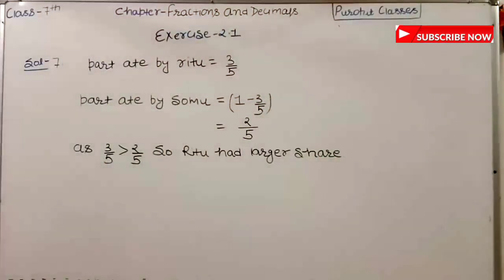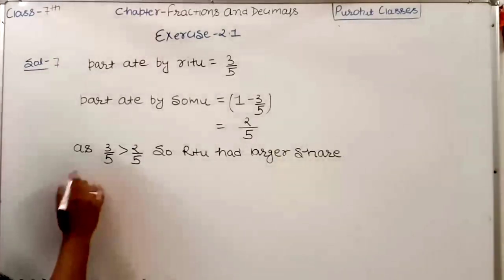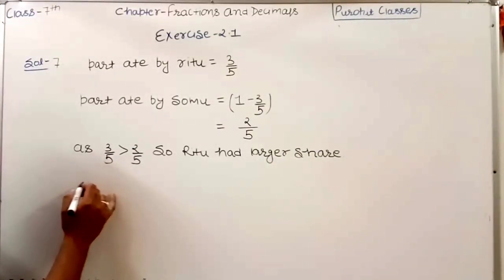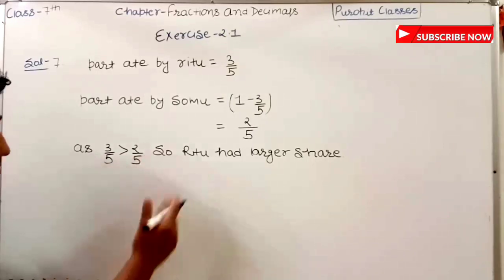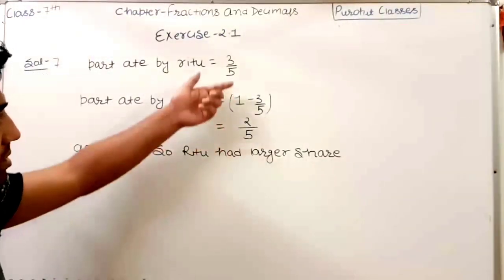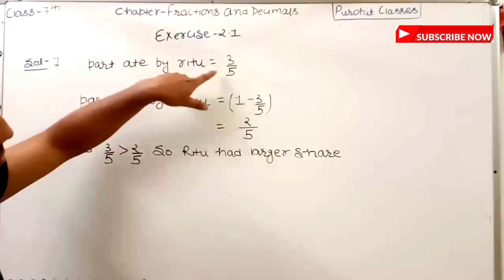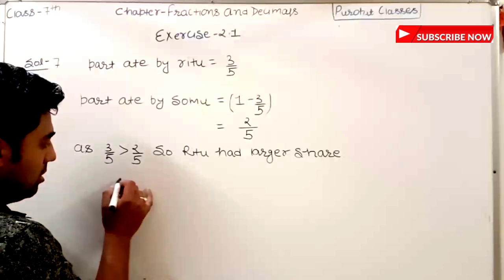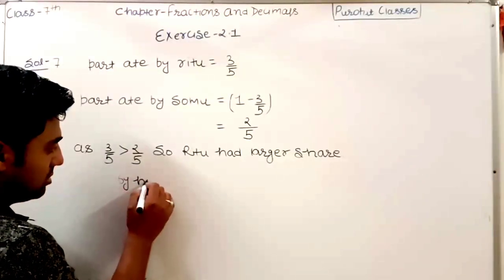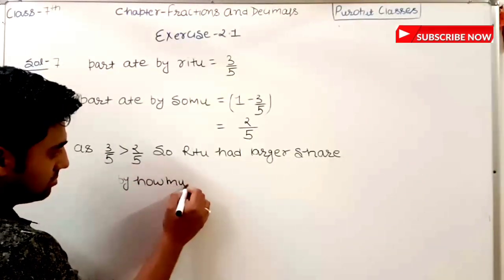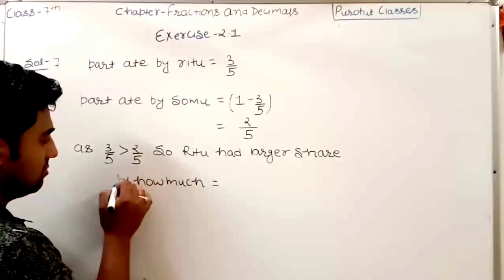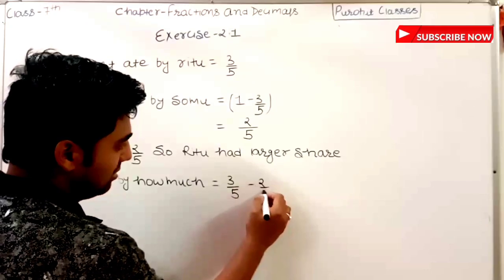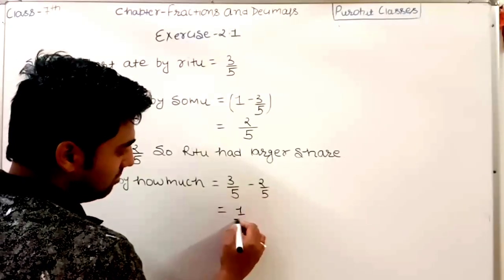Second thing is, it is asking by how much. How will we find out? We will find out the subtraction of the share of Ritu minus the share of Somu. So by how much, it is asking, this will be equal to 3 by 5 minus 2 by 5, that will be equal to 1 by 5.